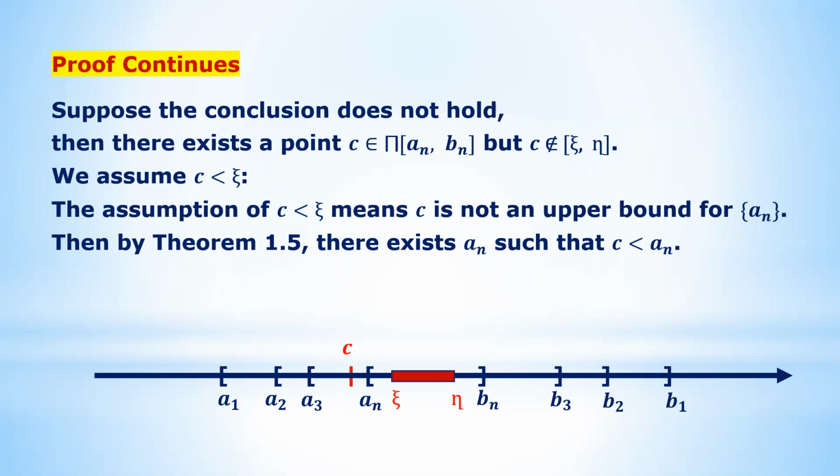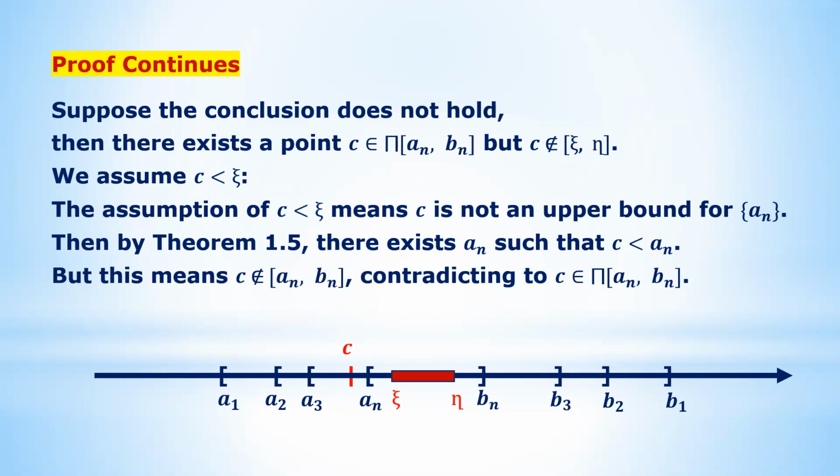So by assuming c is less than η, c is not an upper bound, and naturally there is a_n greater than c. Then you can see that c is not going to be in the interval a_n to b_n, just like the picture shows. c does not belong to a_n, b_n, and this will contradict that c has to be in the intersection.